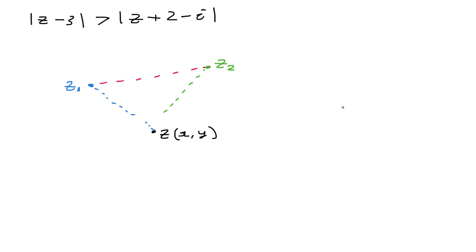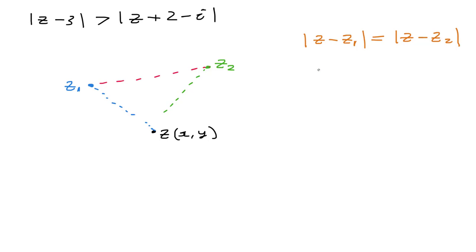If we consider simplifying our situation, let's consider the equation |z - z1| = |z - z2|.